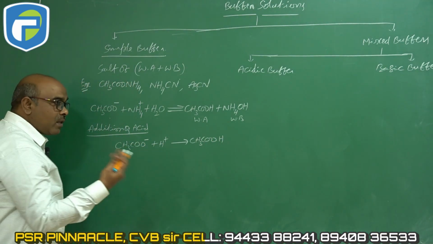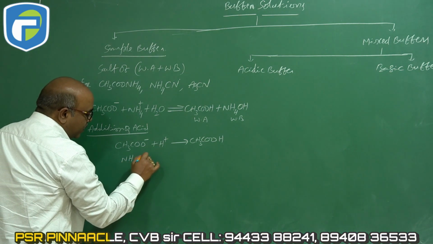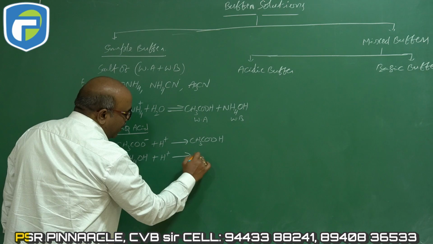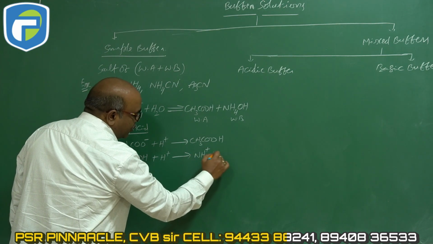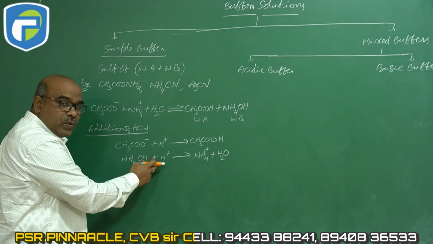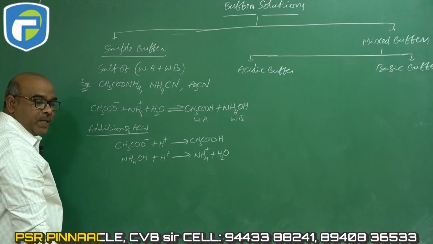Or otherwise, NH4OH present in the solution combines with H plus to form NH4 plus and H2O. So the added H plus ions are consumed, there is no increase in H plus concentration, and that's why there is no change in pH value.